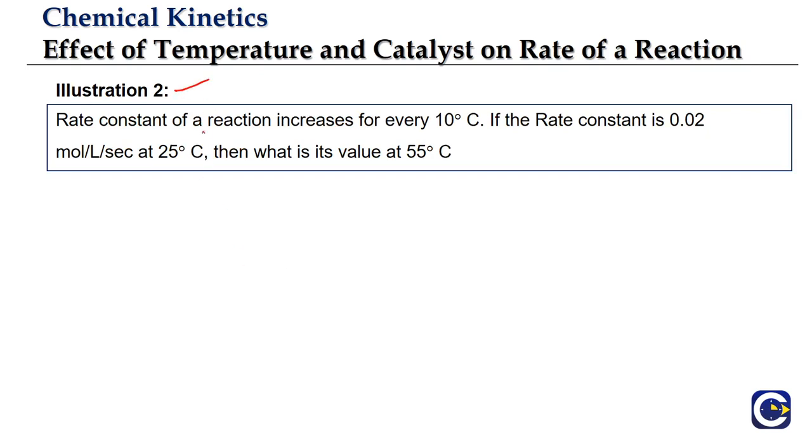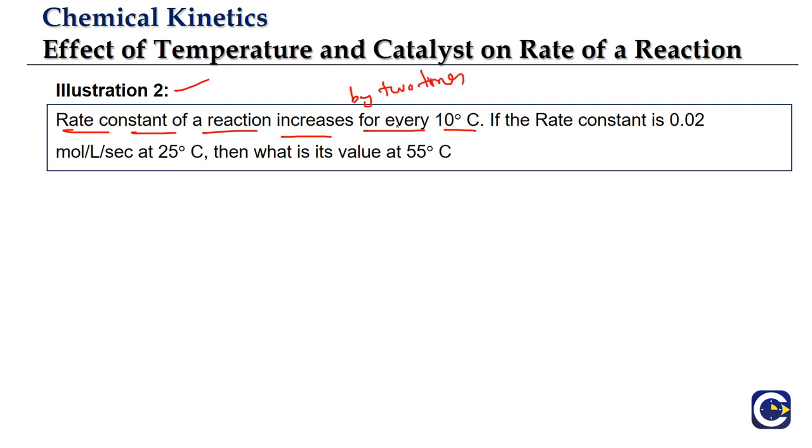Even in some previous year medical entrance examinations, these kinds of questions have come. This is based upon a straight application of the temperature coefficient of the rate constant. The rate constant of a reaction increases for every 10 degrees centigrade. I think it should be increases by 2 times; there is a typo in the question.